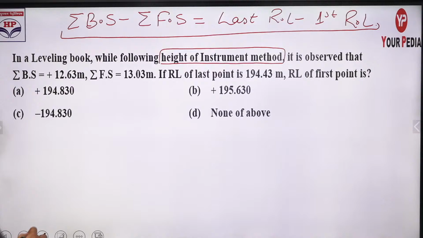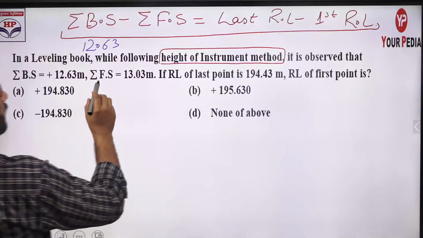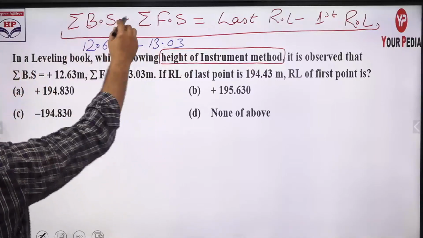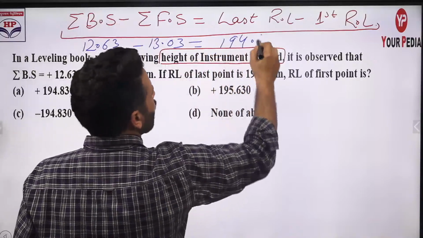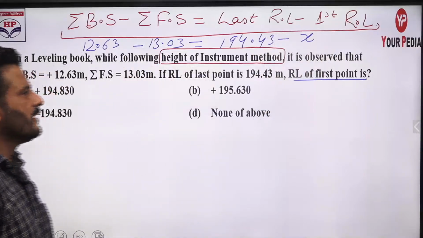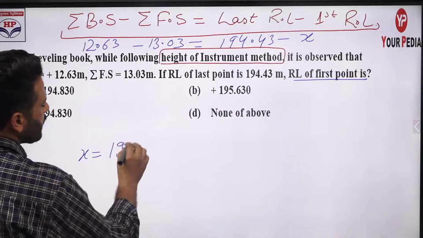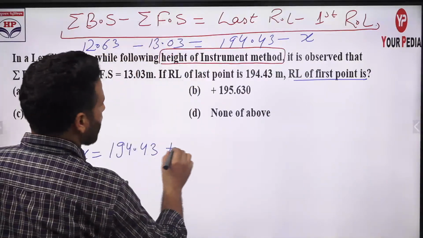So what is the backsight given in the question? Yes, 12.63, have a look, positive. And the foresight is 13.03, with negative sign, negative as it is, equal to the last RL, which is 194.43. What is the first RL that you have to calculate? Let it be X. So just do the calculation, guys. The 194.43, this will be negative, it will just be added here.